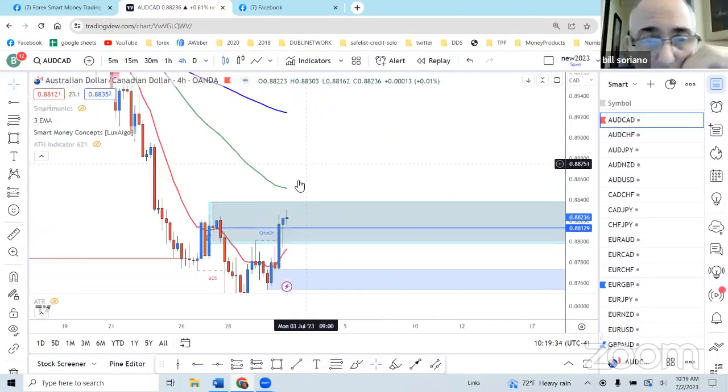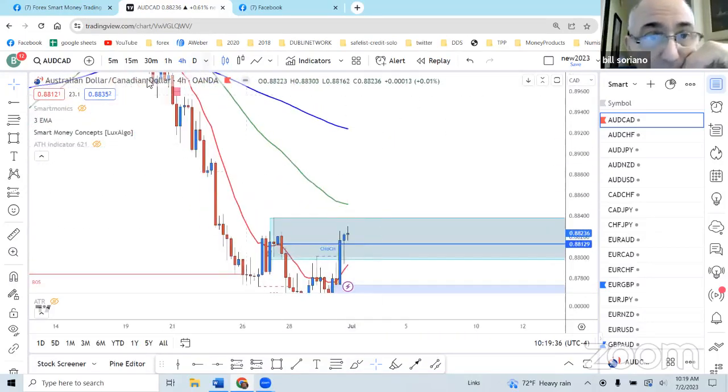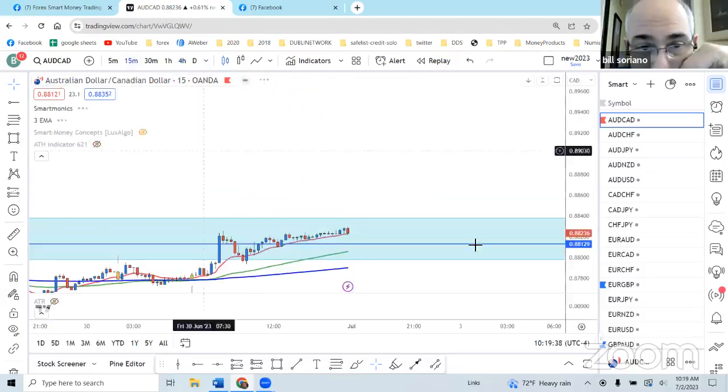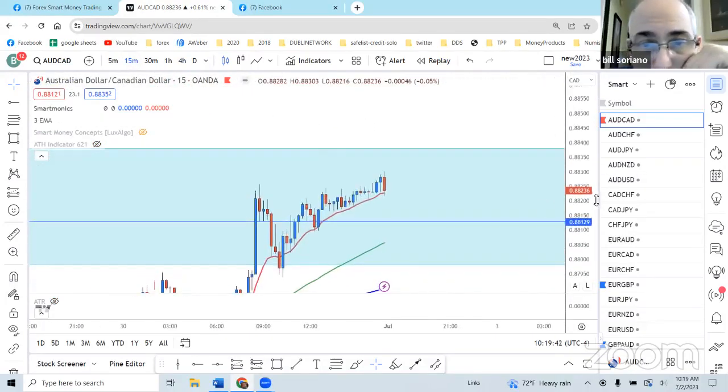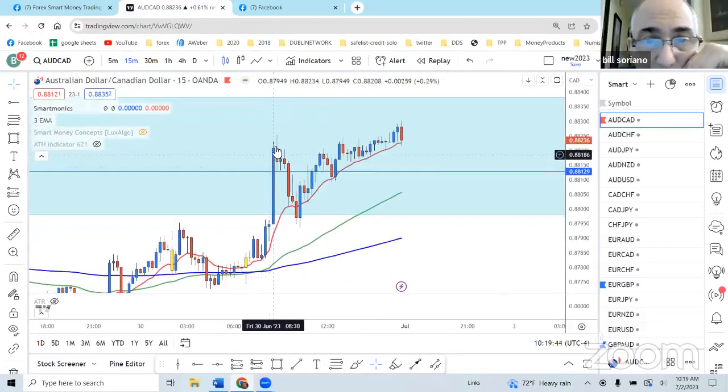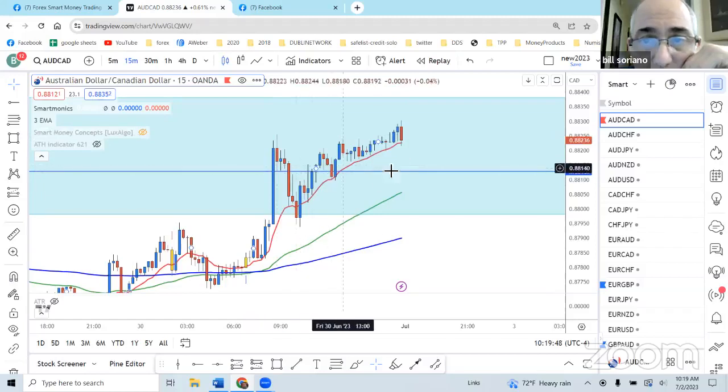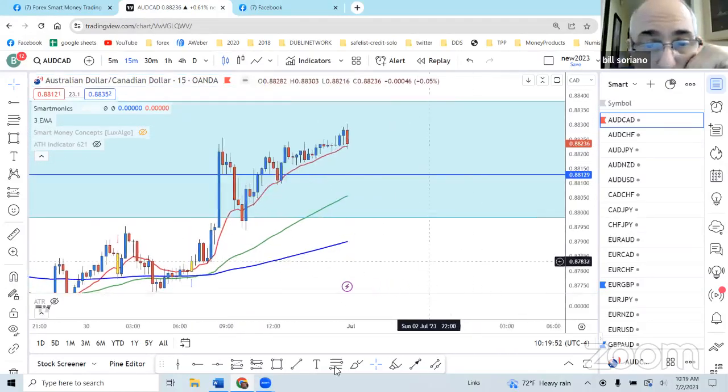So if you see here, price already hit our point of interest line on Friday, right? So again, we had a liquidity, right? We're looking for a liquidity grab. We get a liquidity grab there. Price then goes higher. So we get another liquidity grab, right?